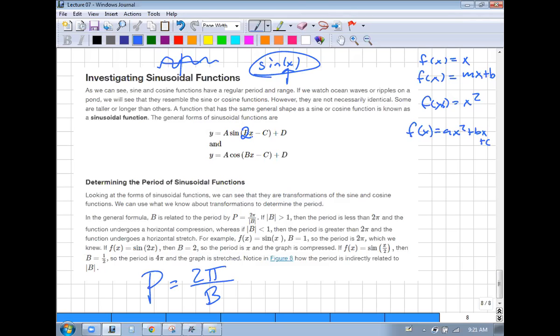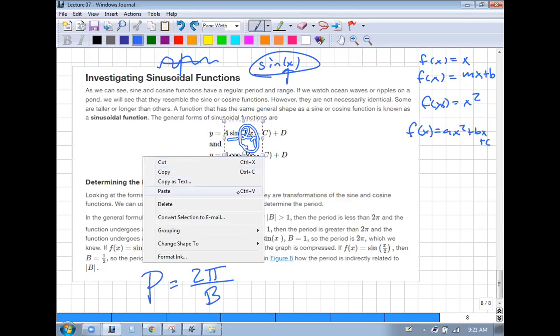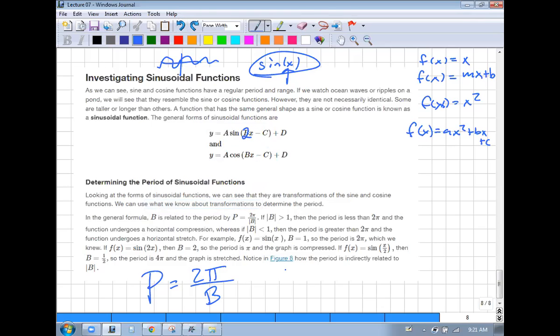If I put a 2 there, my x now only has to go from 0 to pi, but sine will receive 0 to 2 pi, and it'll make a full wave. So even though the x is going just from 0 to pi, sine is going to receive twice that. It's going to receive everything from 0 to 2 pi, so it's going to make a full wave, but the x only went to pi instead of 2 pi. So it's counterintuitive. If you put a 2 here, it's going to compress things by a factor of 2.